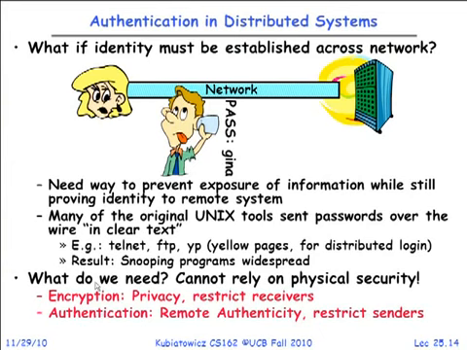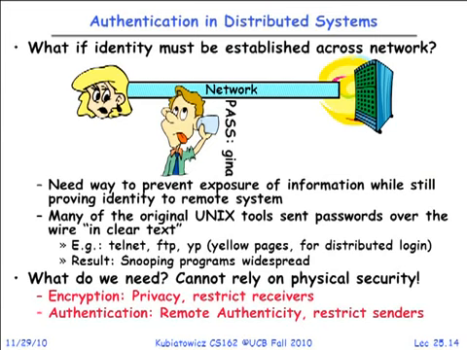We also need some sort of remote authentication mechanism to really prove that Alice is who she says she is over the network, and it better be better than a password. This is really a form of restricting senders. So what we're trying to do is restrict receivers and senders, and ultimately you end up with the one-to-one conversation that you really want.